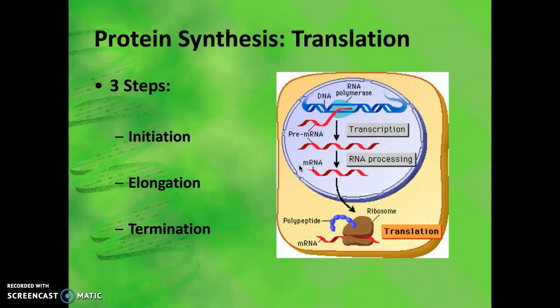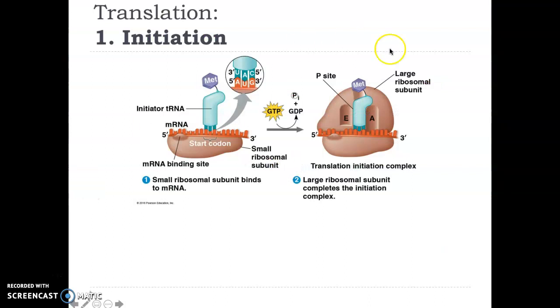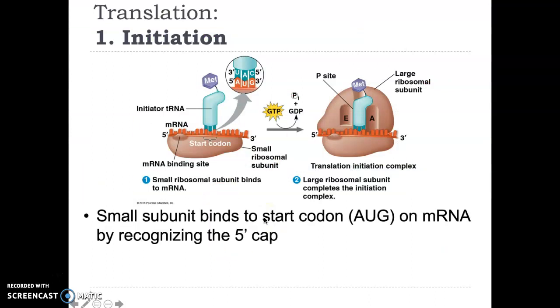Okay, so steps, initiation. The small subunit is going to bind to the 5' cap at the start codon where AUG is. So AUG is right here, and the tRNA is going to come in.